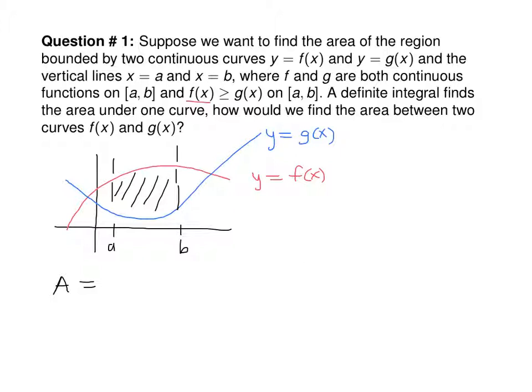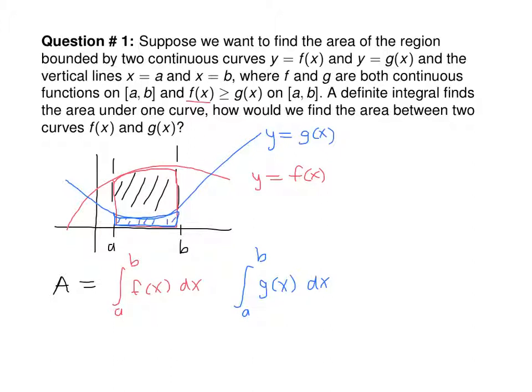So if we find the integral from a to b of f of x, that tells us this entire area. And if we find the integral from a to b of g of x dx, that gives us that area.